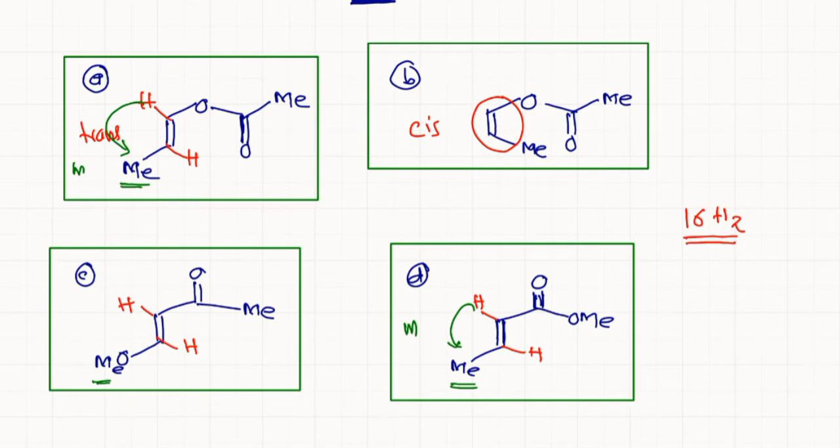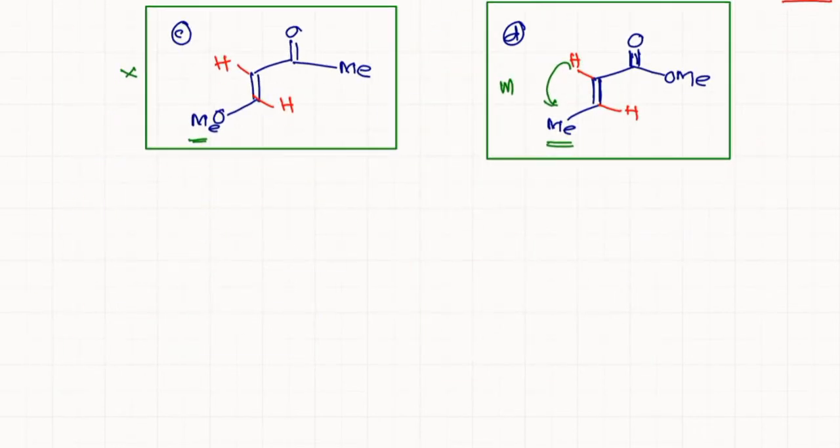So again we can neglect these 2 options. Basically your answer should come from either A or D now. Okay, so 1760 indicates the presence of a carbonyl group, no doubt. So your first analysis is what?